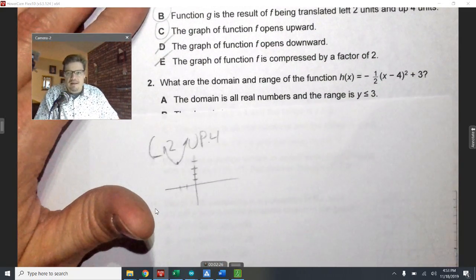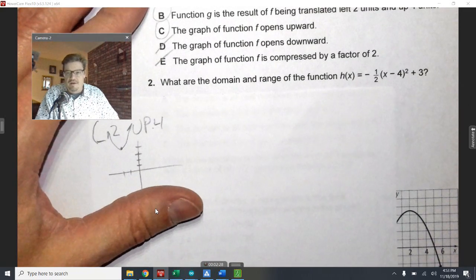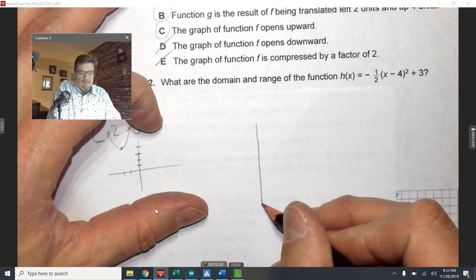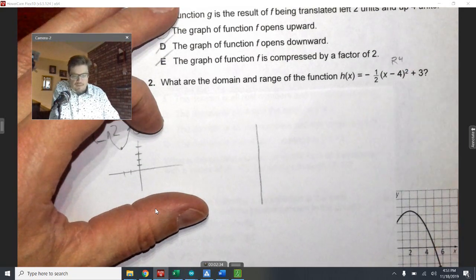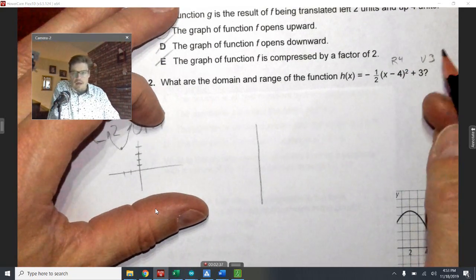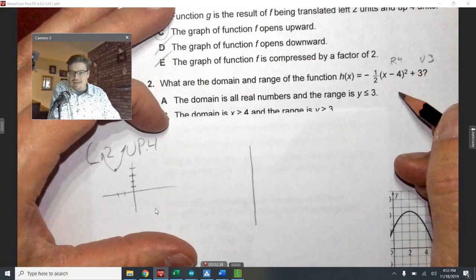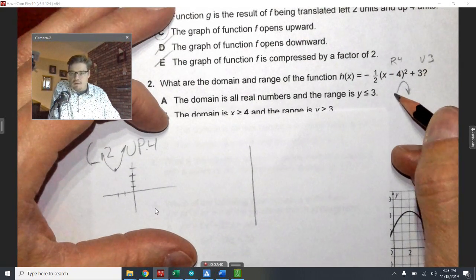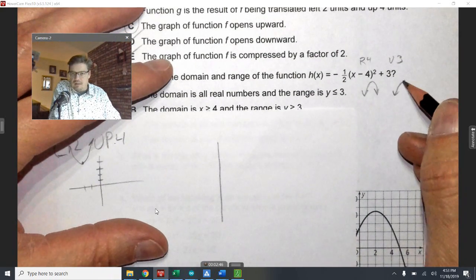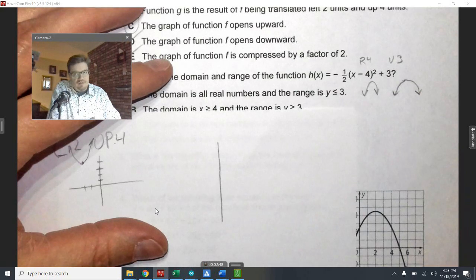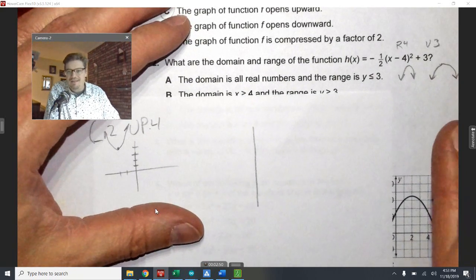Now, what is the domain and range of this function here? Well, let's take a look at this. It looks like we moved to the right 4, and we went up 3, and this one is going to be pointing downwards. Because it's a half, it's going to widen just a little bit. I don't have to graph it, I just have to think about its domain and range.